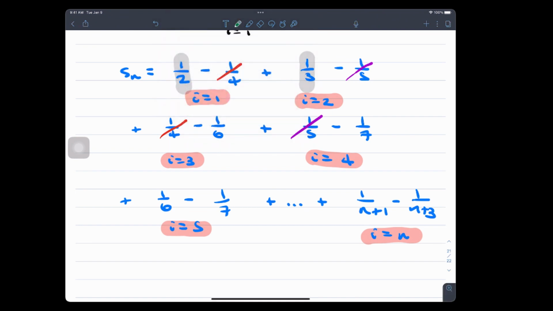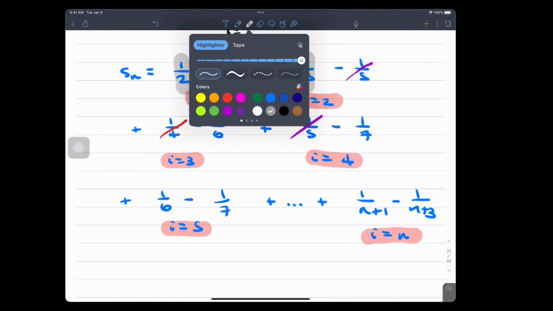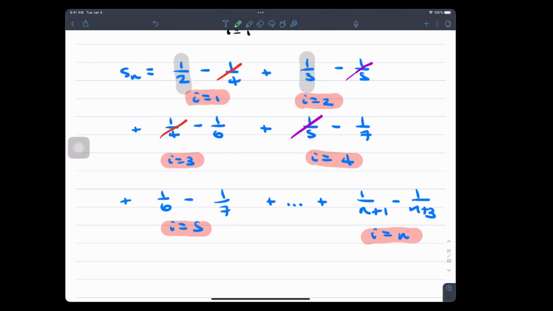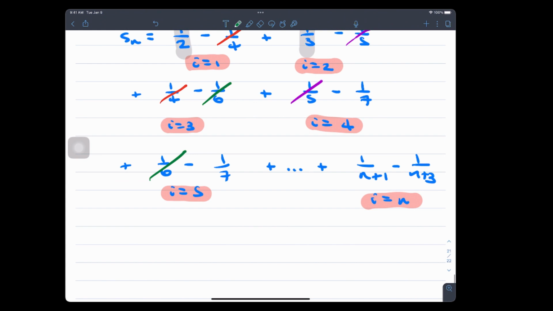Let's go to the next one. We can notice now, what's going away now? We see a 1/6. The second term goes away, and then two terms later, the first term goes away. You guys see what I'm saying here? Because of the plus and minus, some of these terms are going to collapse.